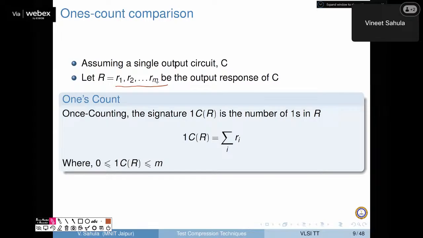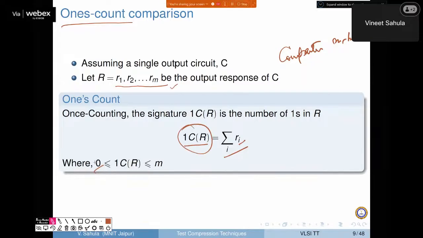If I don't compress, I have a requirement for a comparator for m bits. If I compress it by using ones count only, very simple, just count the number of ones. So this is the method, count the number of ones only. So take only Ri, when Ri is 1, right? The ones count will vary from 0 to all the bits being 1, that is m.